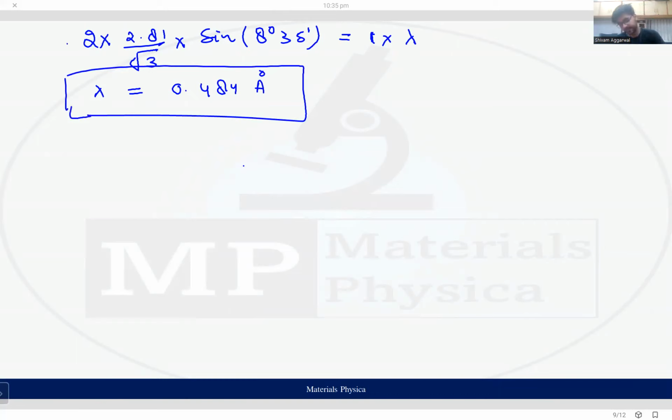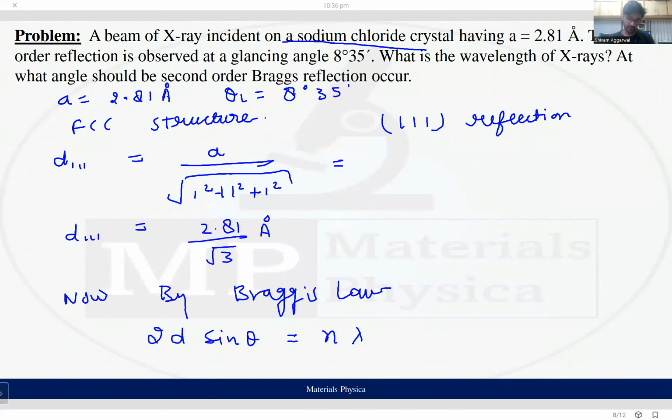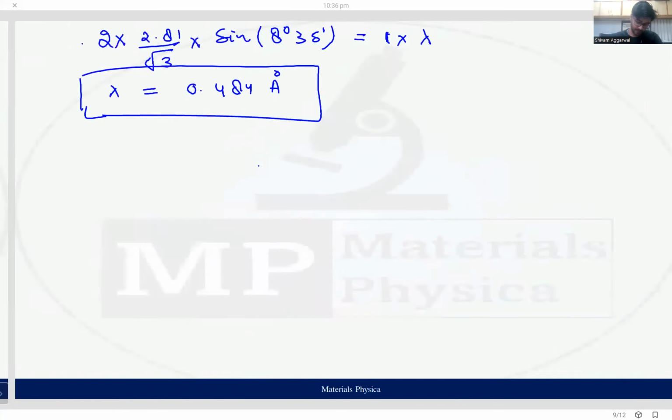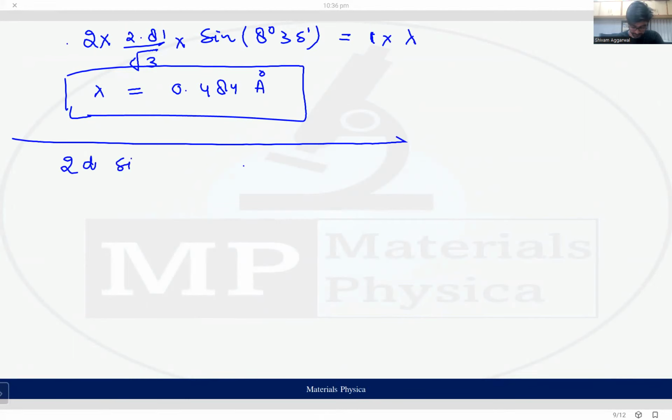So lambda is calculated. Now in the second part, we have to calculate the second order reflection. At what angle should the second order reflection occur? So 2d sin theta 2 is equal to 2 lambda.